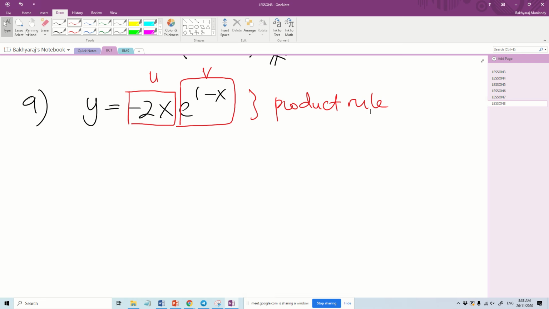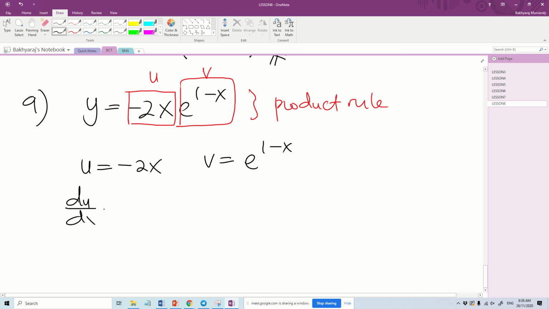So we go for the answer. u equals negative 2x, v equals exponent 1 minus x, and du/dx is negative 2.